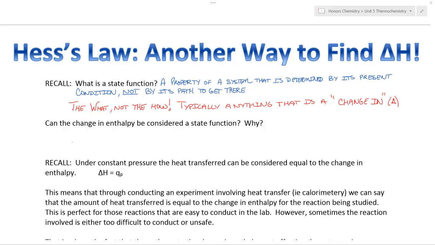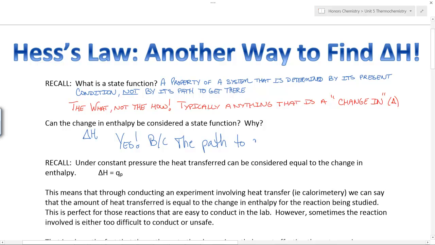So if you think about enthalpy, which is the change in enthalpy, so remember that's a delta H, you got to think, is this considered a state function? Well, the answer of course is yes. And the why is because the path to change in enthalpy doesn't really matter. So what we're looking more at is just the fact that the change happens, not so much how you got there.